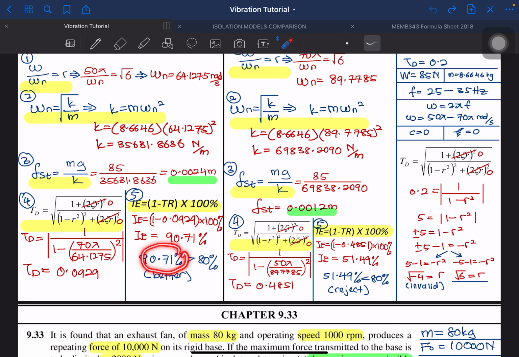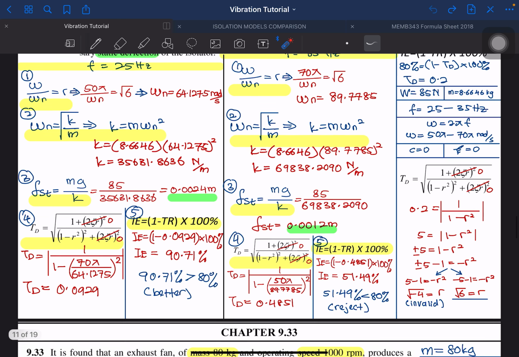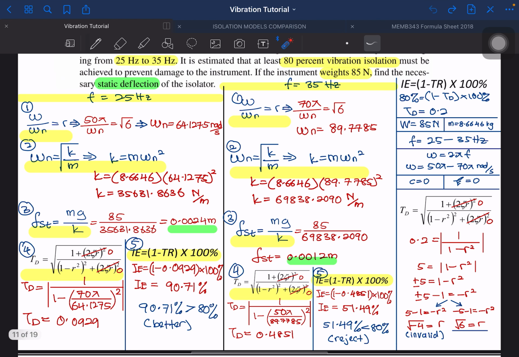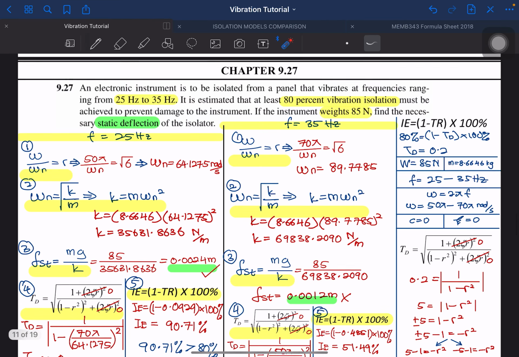Since 90.71 is more than 80%, which is better, we use the static deflection of 0.024. We don't use this. We use the static deflection at 25 hertz. And that is all for 9.27.